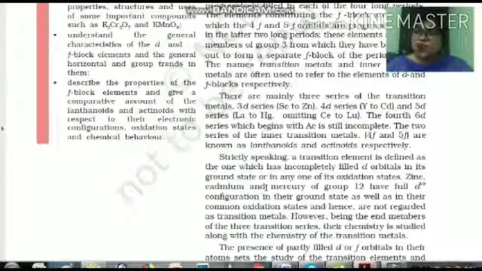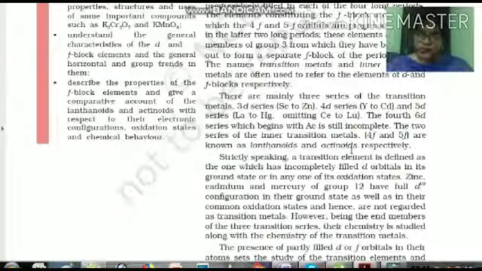These D block elements are called transition metals and F block elements are called inner transition metals. Here you can see the 2 series of inner transition metals, 4f and 5f, are known as lanthanoids and actinoids respectively.